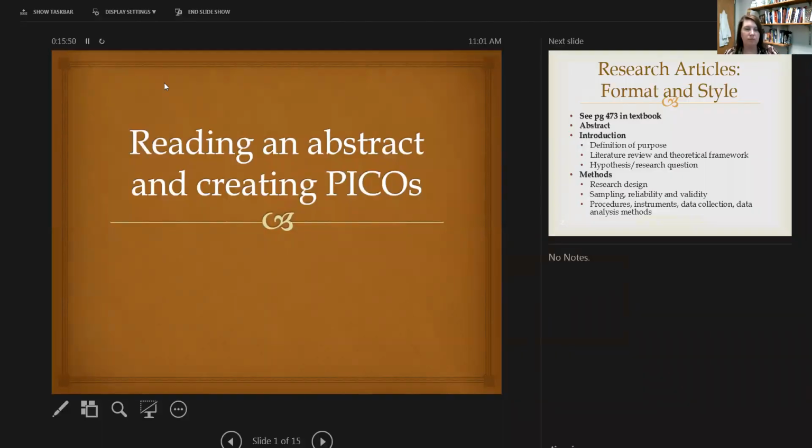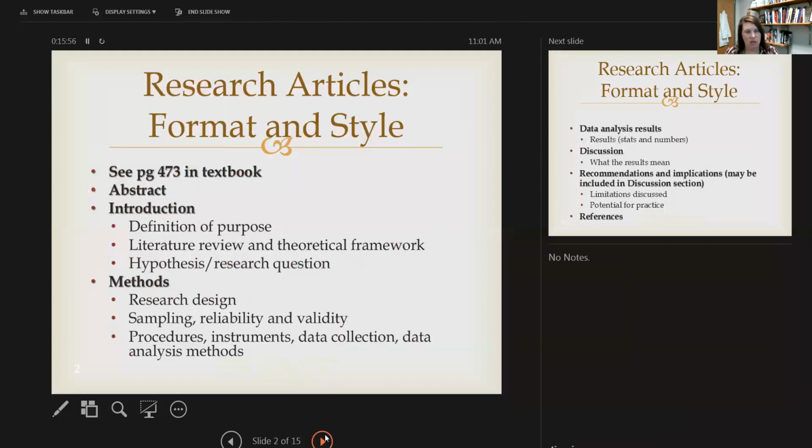Okay, so again, this PowerPoint that we're going to go over is looking at reading an abstract together and creating our PICO questions.